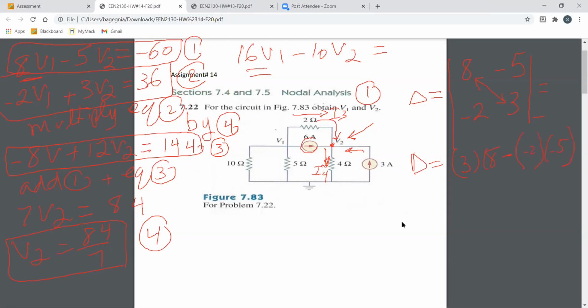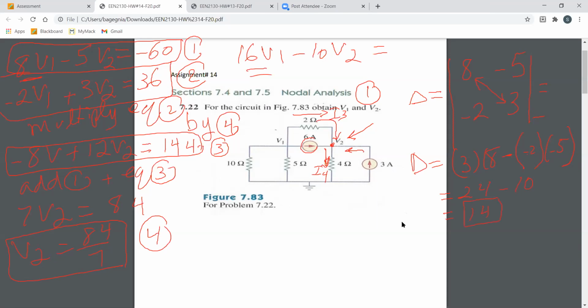Don't forget to put brackets here, because otherwise you don't know the multiplication of the minuses. So it will be 24, then we have a minus. You have 3 minuses, so minus times minus is a plus, times minus is a minus. Minus 5 times 2 is minus 10, so that would be 14.